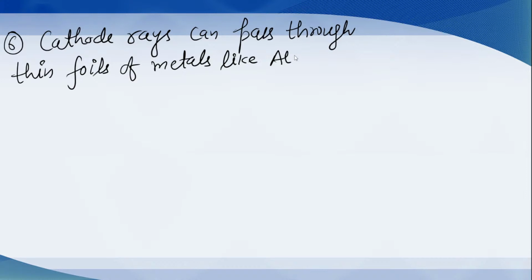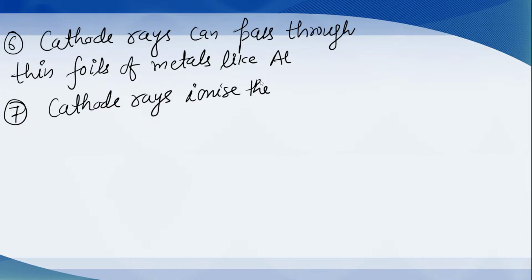If a thin foil of metal is there, they can pass through it. But if we make it thick, then they can be stopped. And if they are stopped, obviously they will produce X-rays. Cathode rays also ionize the gas through which they pass.